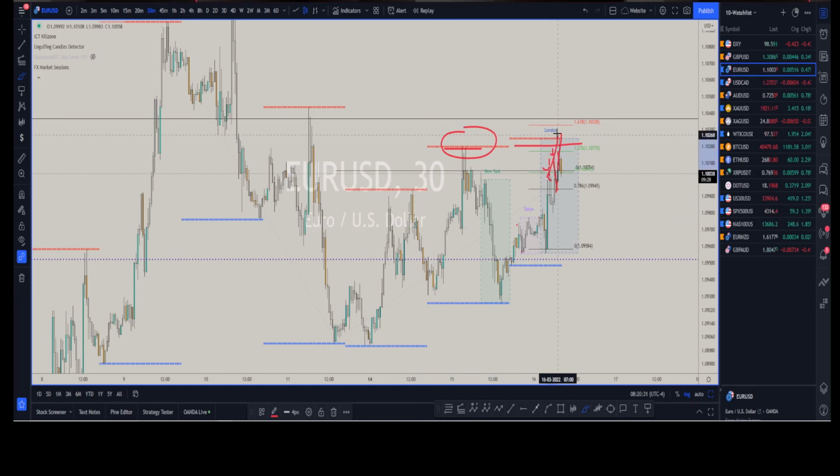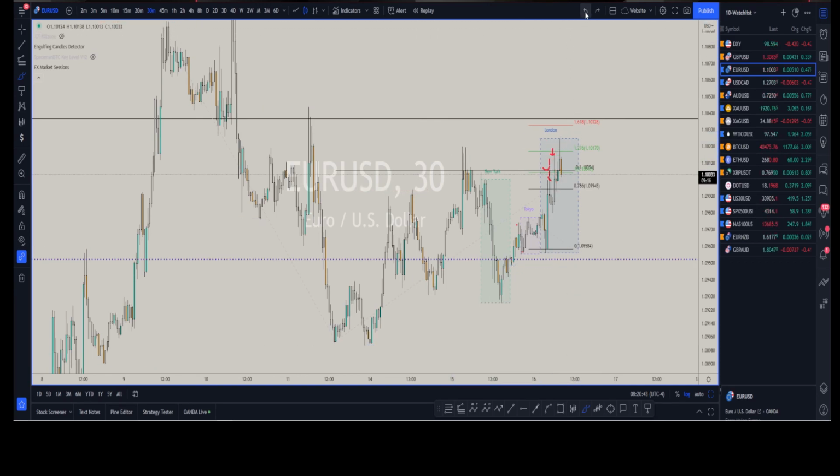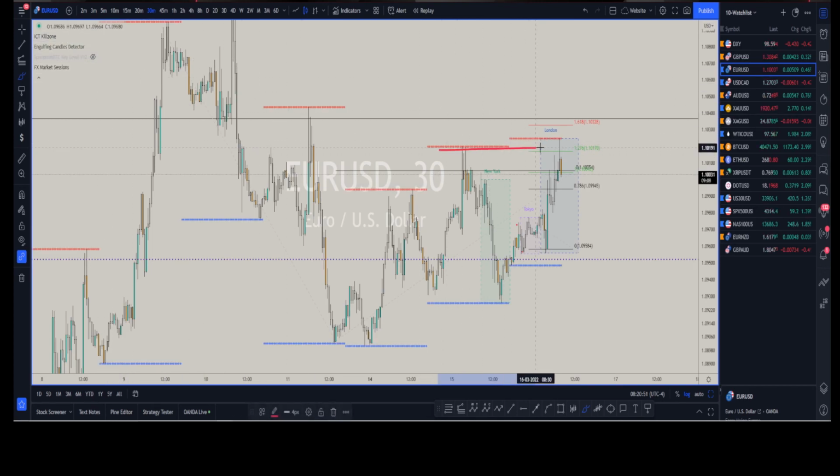They broke it and are coming back down. So if they need to push the price down, they will break the high. And if you are long, take your profits above the high.